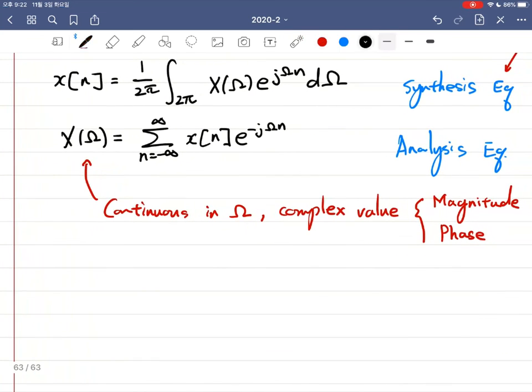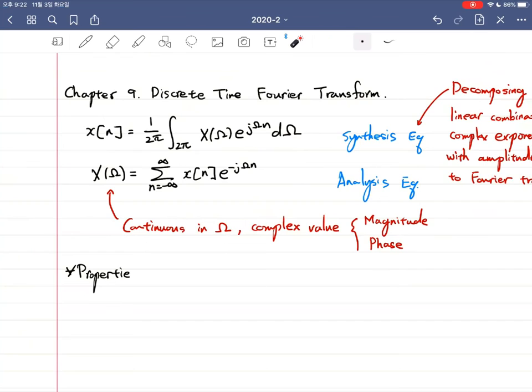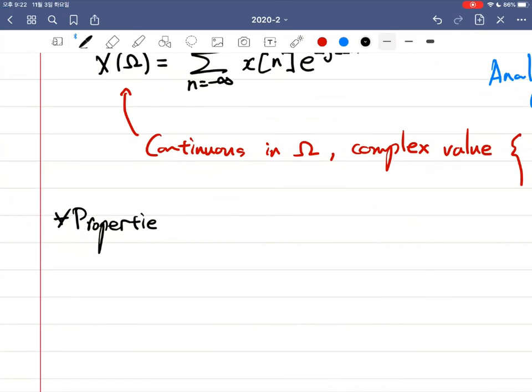So the properties of the Fourier transform. This was a quick review of the discrete time Fourier transform, and we will go straight into the properties of the Fourier transform, of course in discrete time.